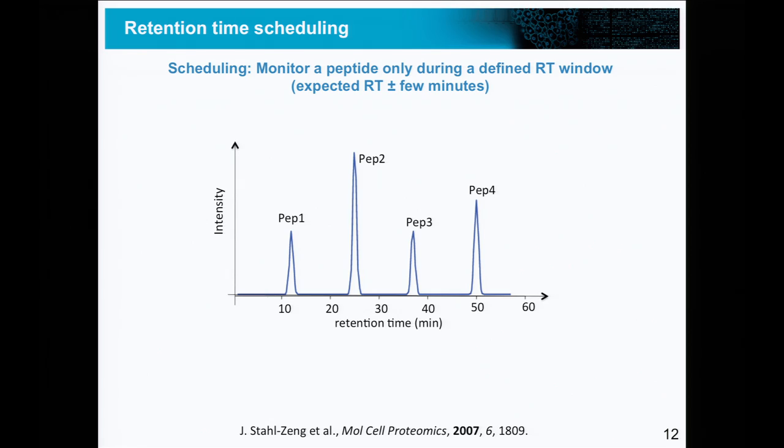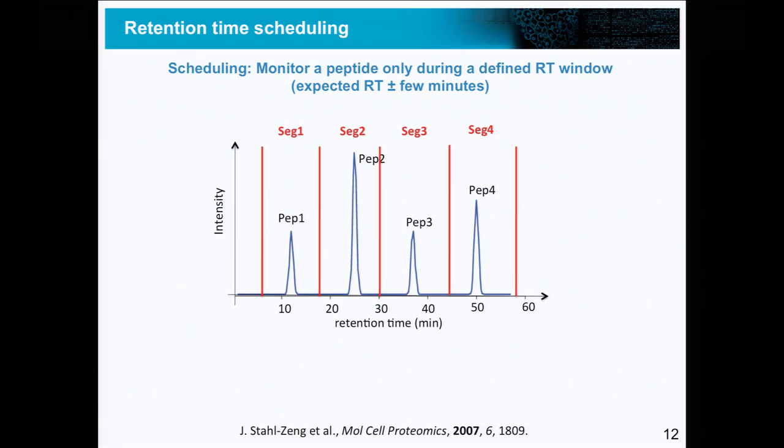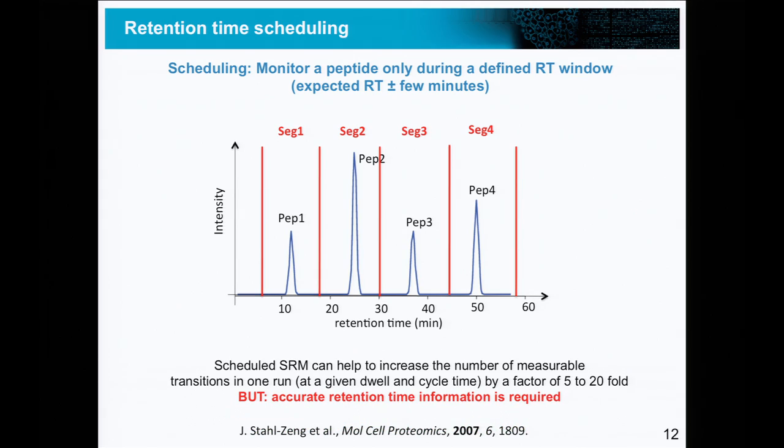So if we have here this example, 4 different peptides eluting at 4 different retention times, you would measure the transitions for peptide 1 only from 8 to 18 minutes, and the transitions for peptide 2 only from 18 to 30 minutes, and so on and so forth. Like this, you can reduce the number of transitions per segment, and therefore improve your cycle and dwell time, for example. Or you can just add more peptides in this specific segment.